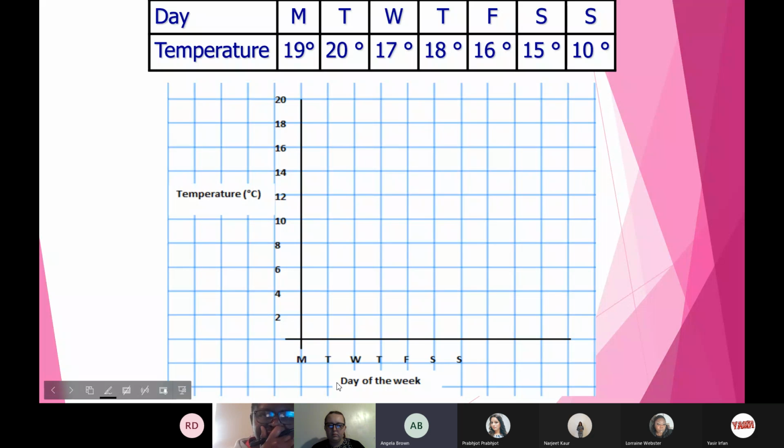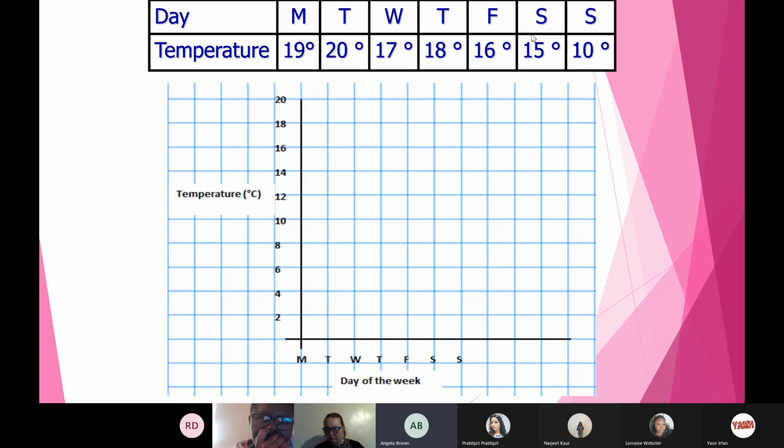On the x-axis, the days of the week, Monday to Sunday, this doesn't change. So your x-axis must always be the one that doesn't change. Your vertical axis is the one that changes over a period of time, which is your temperature. The days do not.